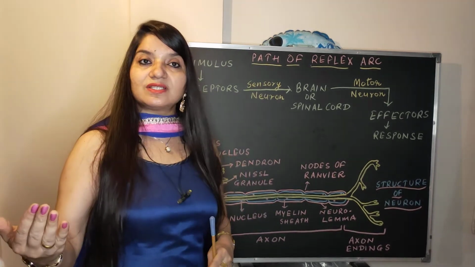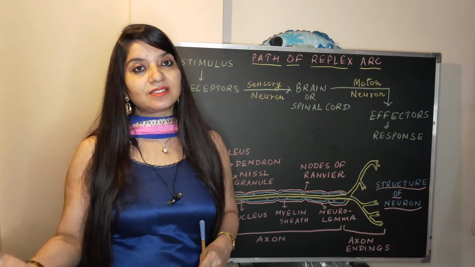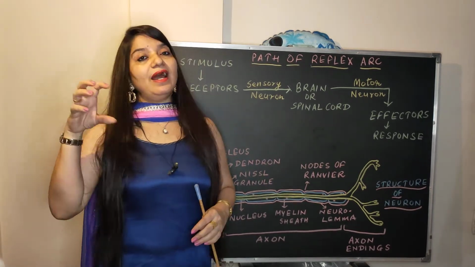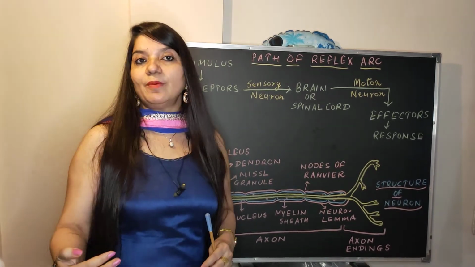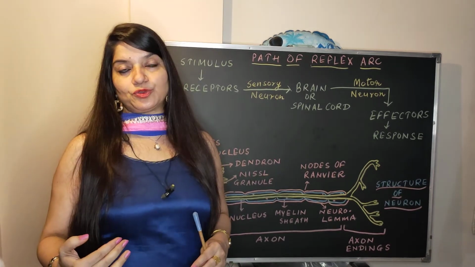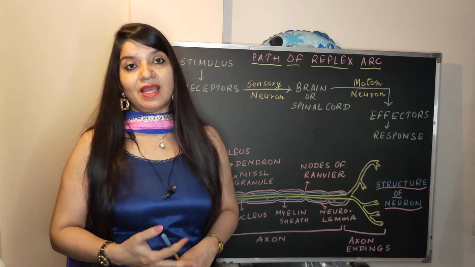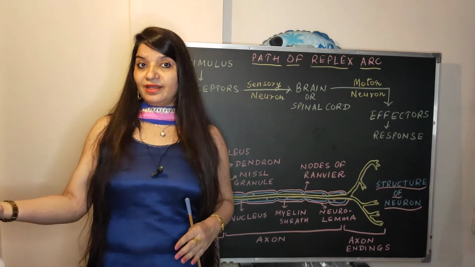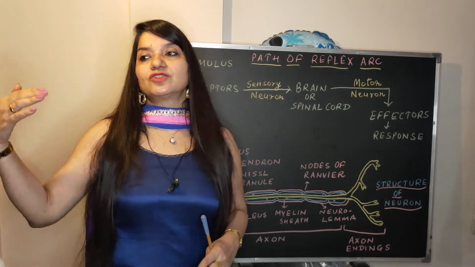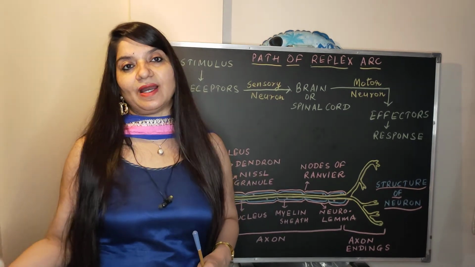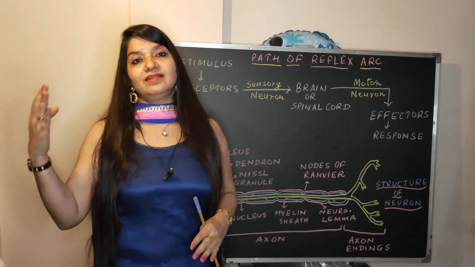Peripheral nervous system is again divided into 2 parts, the autonomic nervous system and somatic nervous system. Autonomic nervous system is again divided into two parts, sympathetic nervous system and parasympathetic nervous system. Somatic is again divided into two parts, the cranial nerves and the spinal nerves.